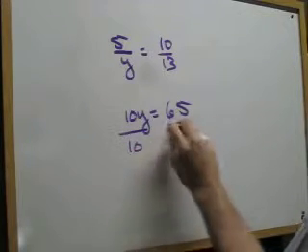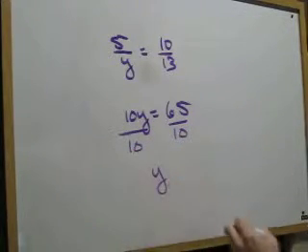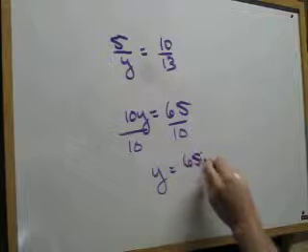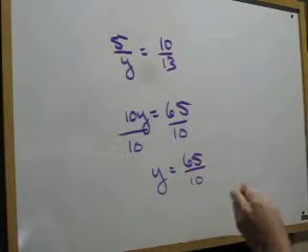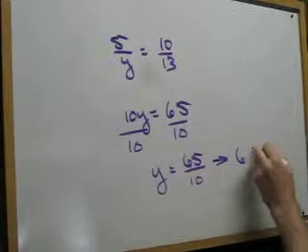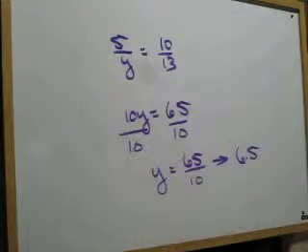Divide by 10, divide by 10. Y equals 65/10, but that can be reduced, of course, and 65 divided by 10 is 6.5, so that's what my y is. So that's pretty much it for this lesson.